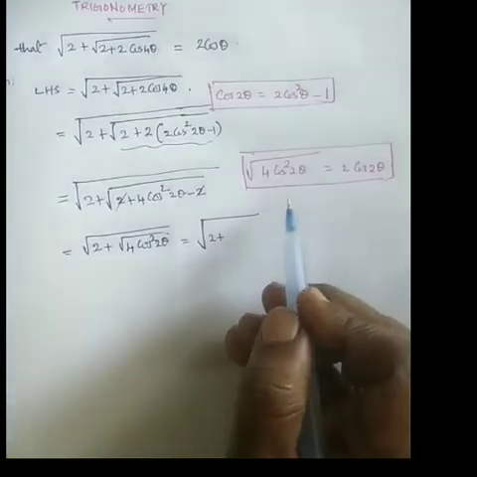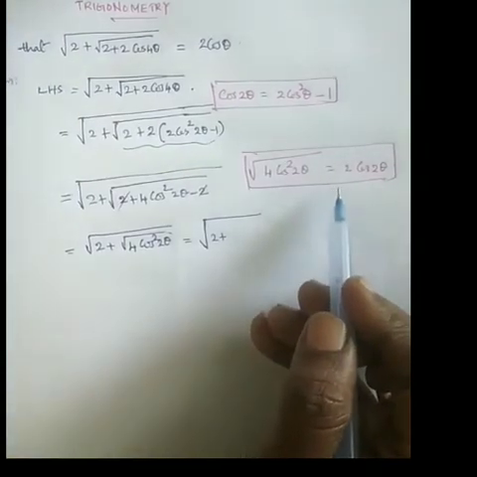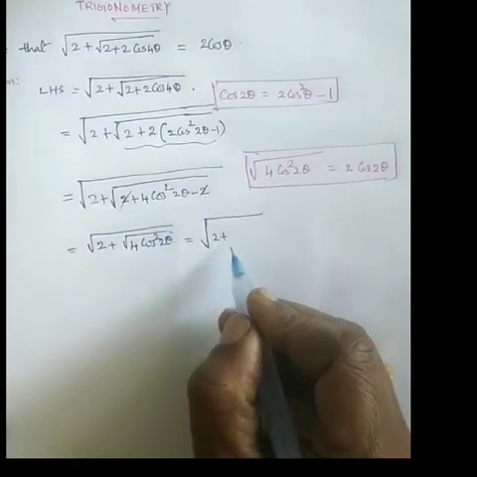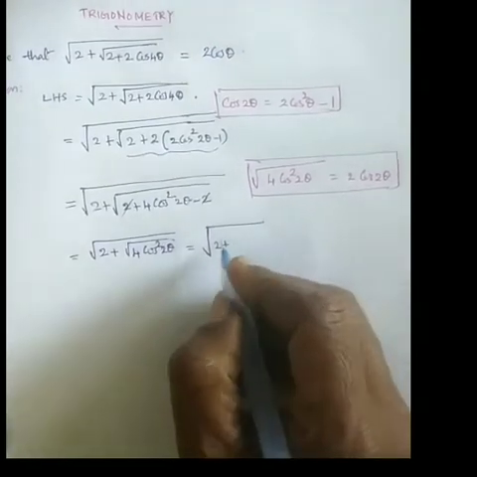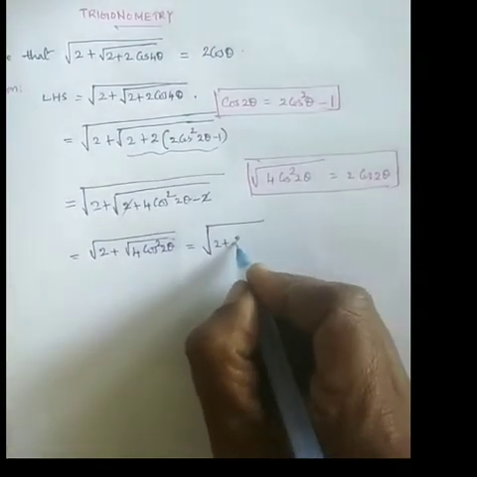Square root of 4 cos square 2 theta is 2 cos 2 theta, which is equal to 2 plus 2 cos 2 theta.